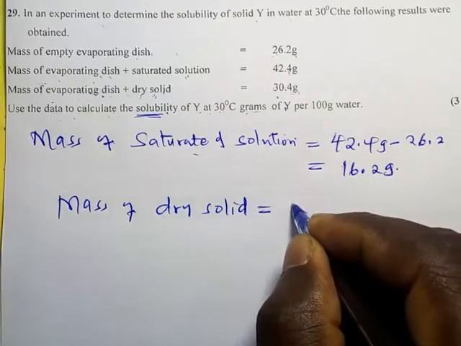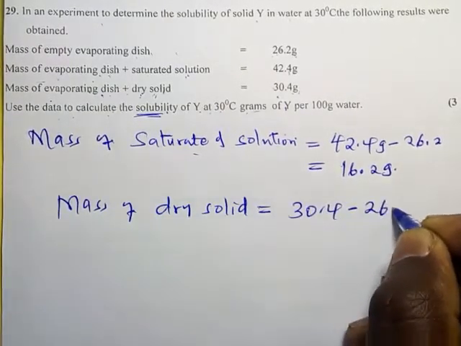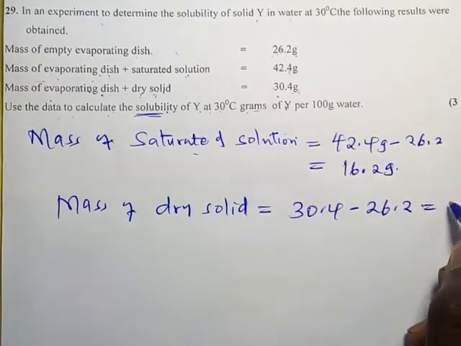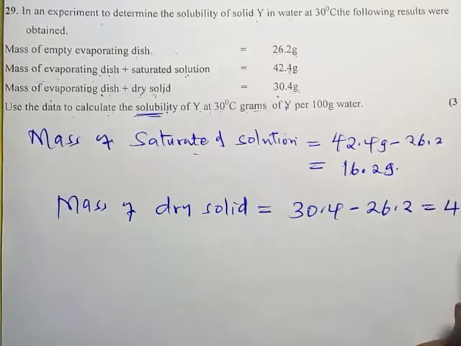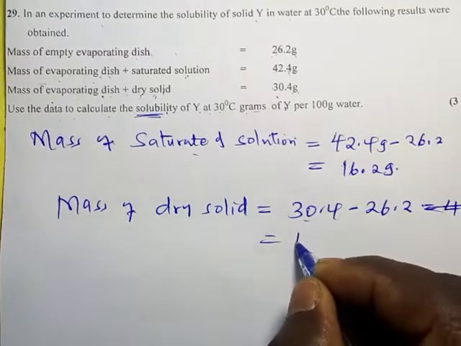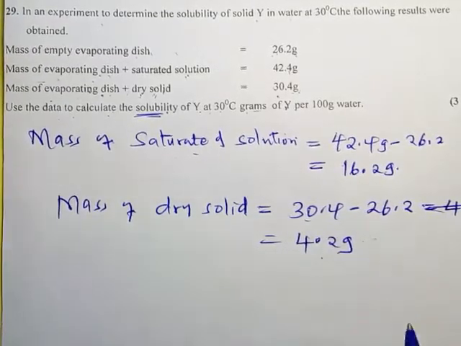That is 30.4 minus 26.2, the empty evaporating dish, and it will give us 4.2 grams. This is the mass of the solute, that is the solid.